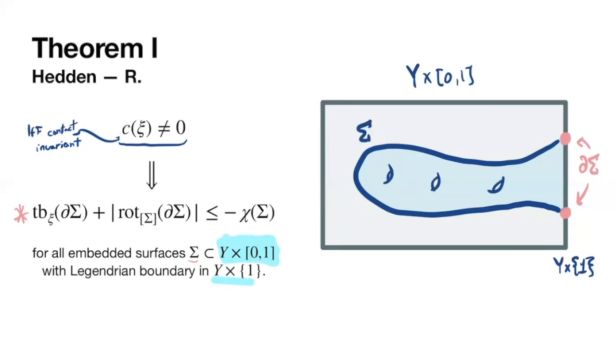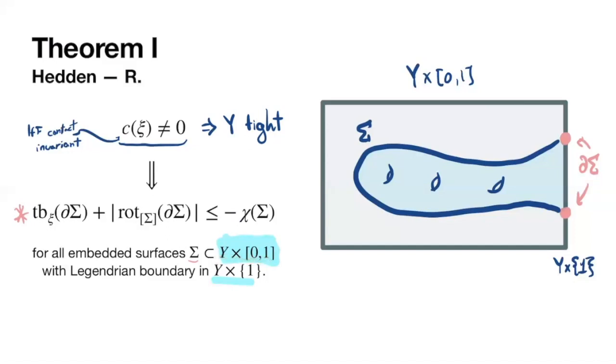One thing I should say before I move on is that the contact invariant being non-trivial implies that Y is tight. So you can think of this theorem as saying, really, for certain tight 3-manifolds, we have a Bennequin inequality for embedded surfaces in Y cross [0, 1], and not just embedded surfaces in Y.